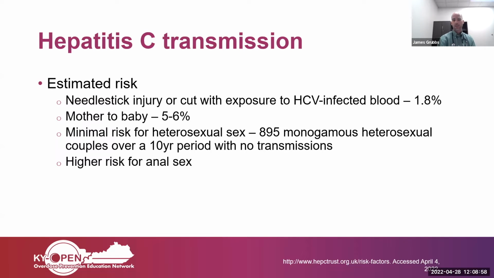We talked about how studies looking at heterosexual transmission have shown minimal risk. Again, there was a cohort study of nearly 900 heterosexual couples over 10 years that showed no transmission. But we also recognize that there's a higher risk for transmission with anal sex, particularly among men who have sex with men.